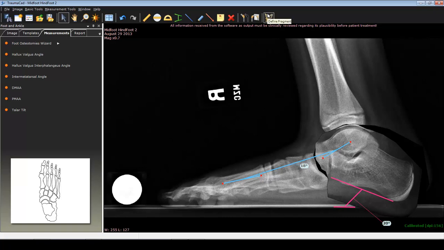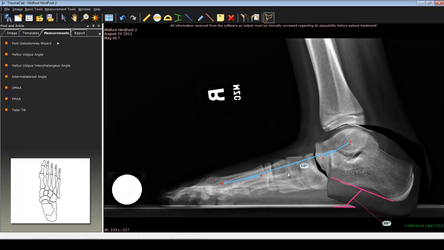Well, you would select the defined fragment and come to the level of the middle cuneiform, which is right here, and the osteotomy is a through and through osteotomy of the middle cuneiform in a vertical direction that is in line with the declination of the cuneiform.